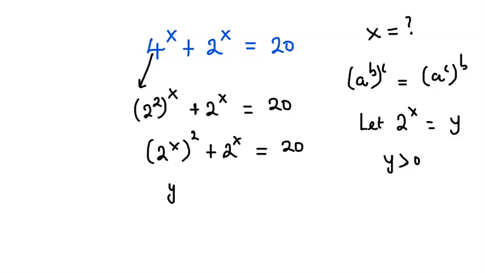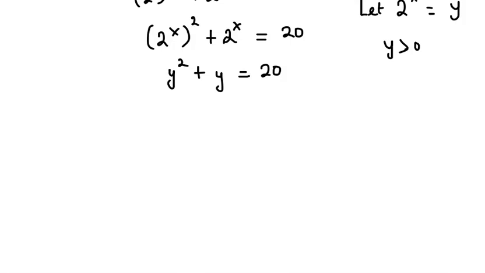This equation we can write as y squared plus y minus 20 equals 0.